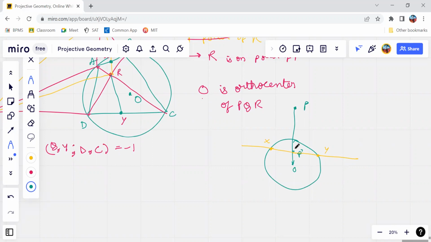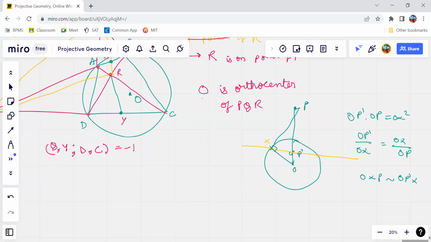Yes, due to the similarity of OPX and OP'X. We know that OP' times OP is OX squared. So OP' by OX is OX by OP. So we get that triangles OXP and OP'X are similar, and since this is 90, this is also 90. So we indeed have that PX is a tangent.